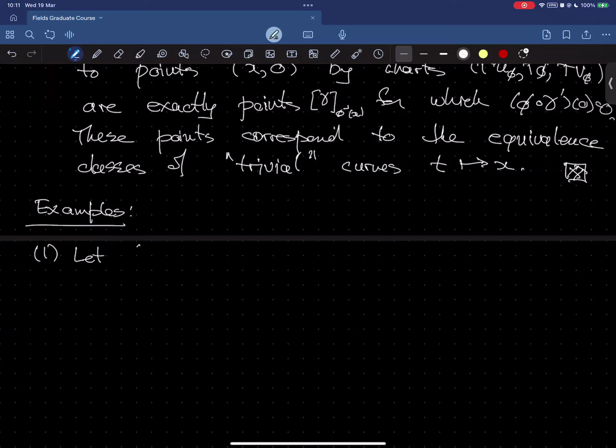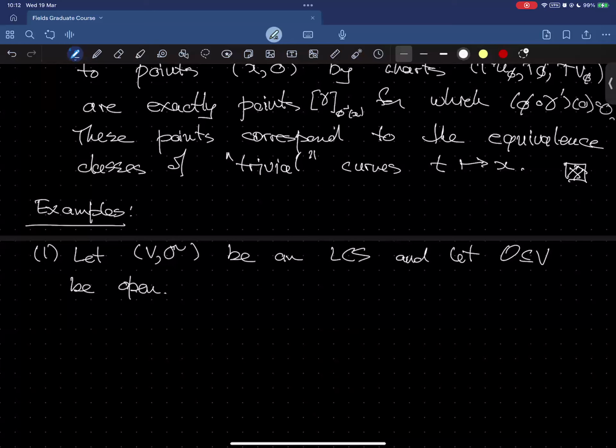So let V be an LCS and let O be open. So as we've seen, that's a manifold. So what's TO?